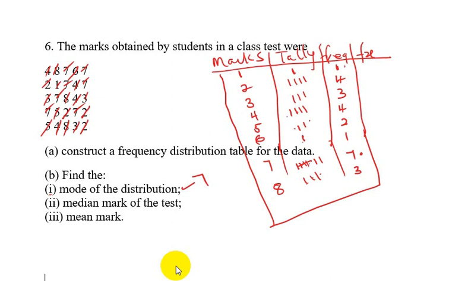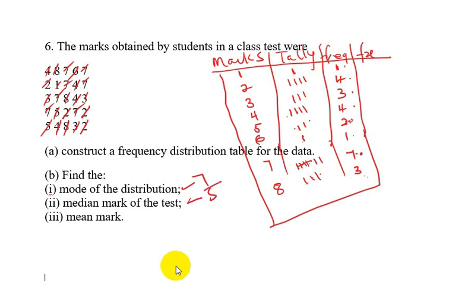So 1 plus 4 gives 5, 5 plus 3 gives 8, 8 plus 4 gives 12. So it will be somewhere around here, right? If we start from here, 3 plus 7 gives 10, plus 1 gives 11. So it will also be 4 here. So which one is this one? That is 5. So the median is also 5.